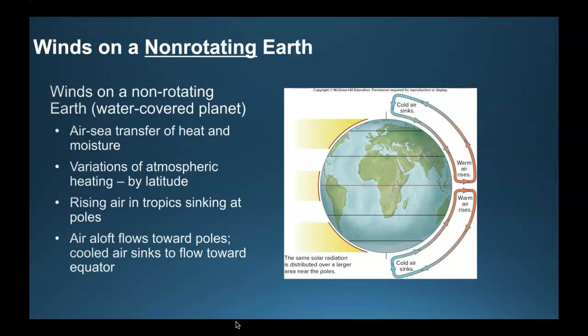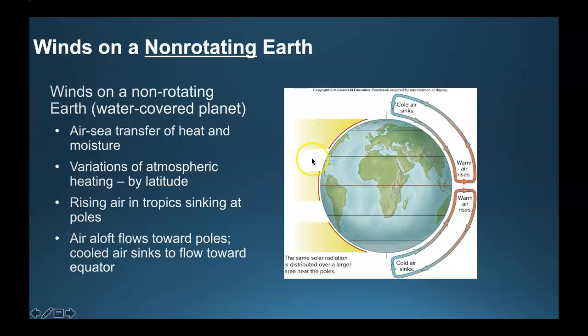If we had an Earth, so here's the Earth, and let's say that there's no tilt to it and it's not rotating, but we still have that differential heating. So coming right in at the equator is some unit of solar radiation, but that same amount of solar radiation is spread out across the poles.